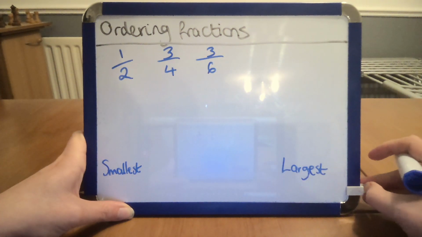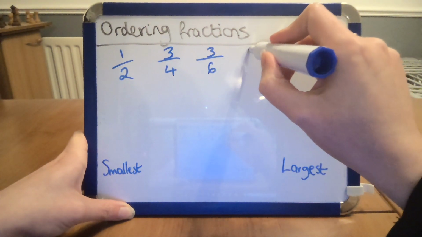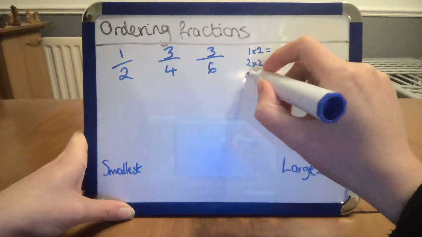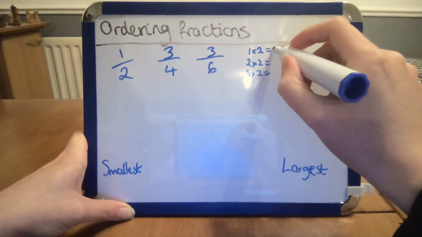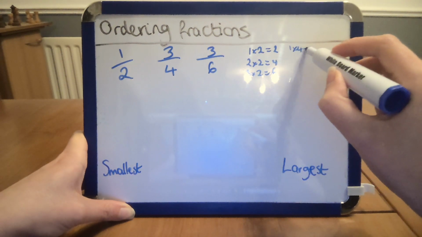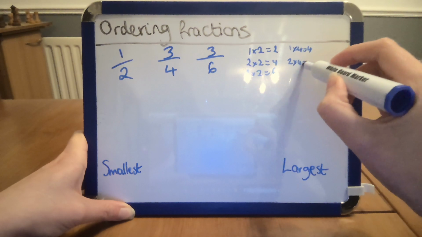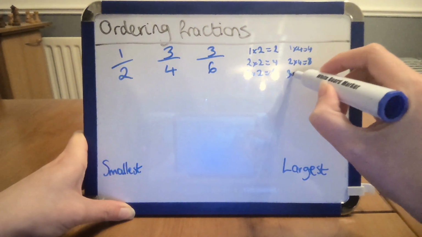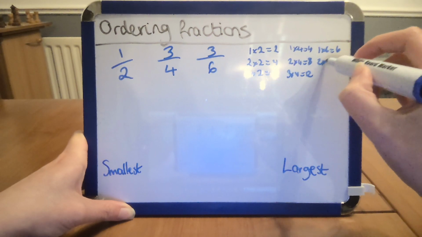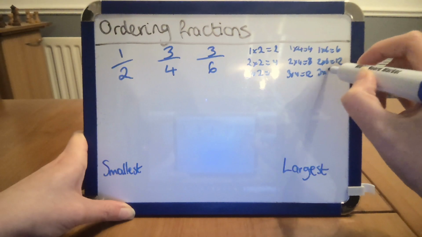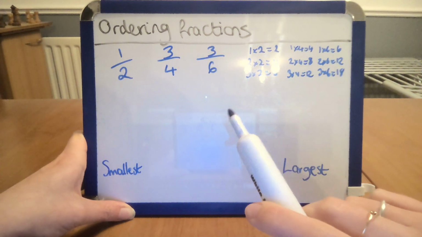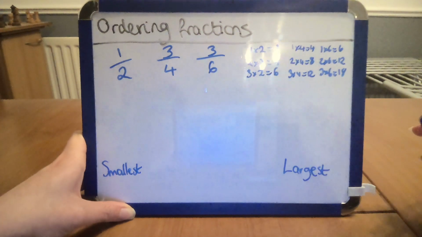So if we go through our 2 times table, and our 4 times table, and our 6 times table, and we keep going until we find the number that is in all 3 of them.